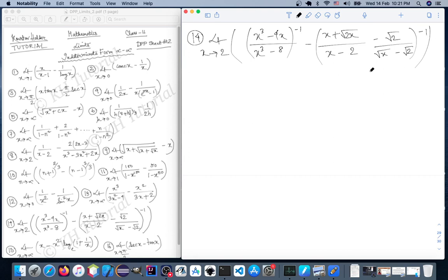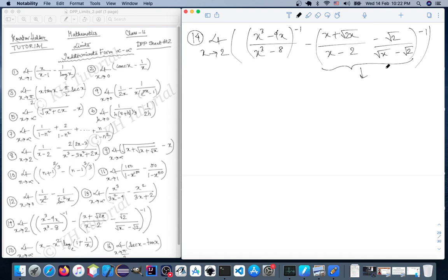We need to simplify this. So let's try to simplify this expression first.